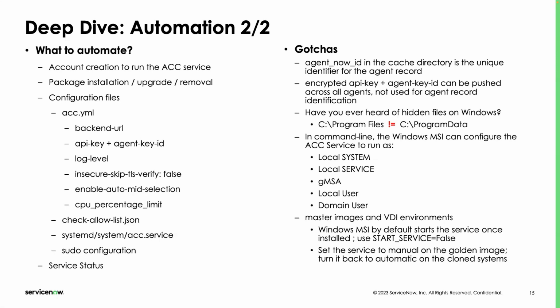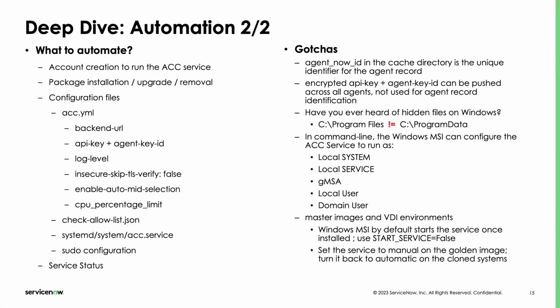That key is not used at all for identifying the agent. It is not the agent ID that you have in your agent record on the CMDB. It is only to decrypt and encrypt, if needed, the API key or the password if you're using the HTTP authentication.